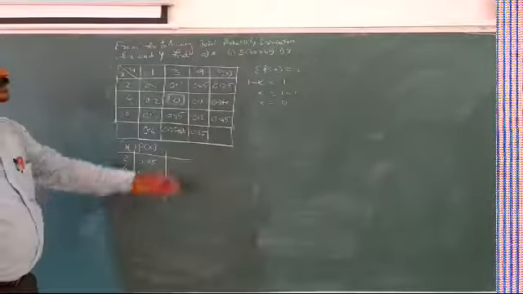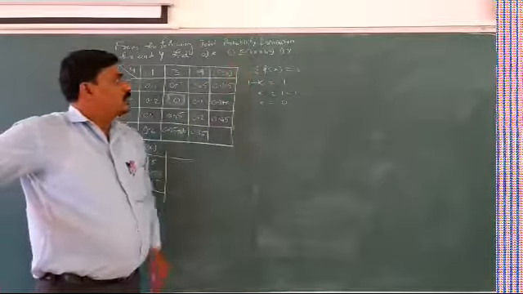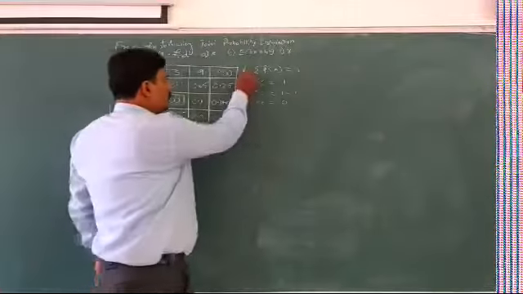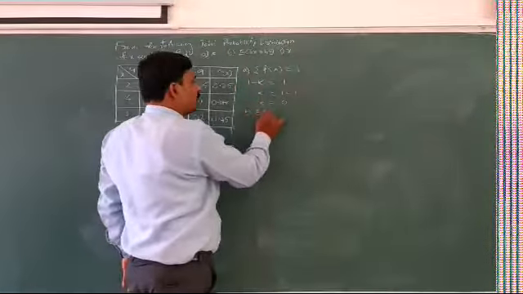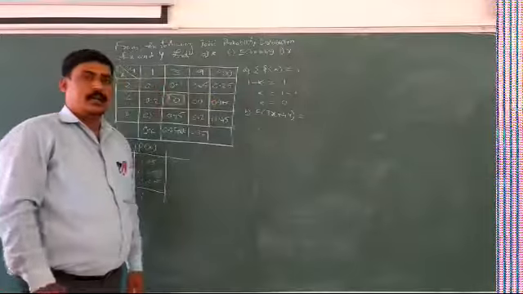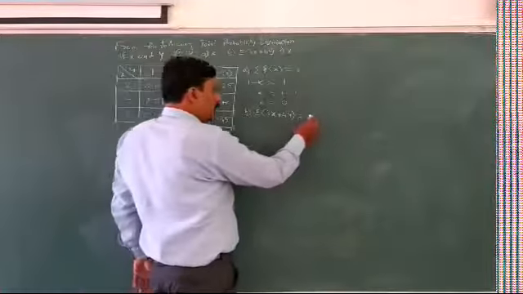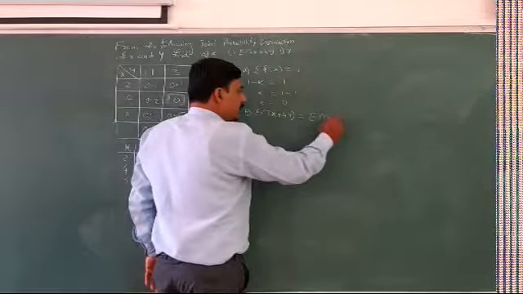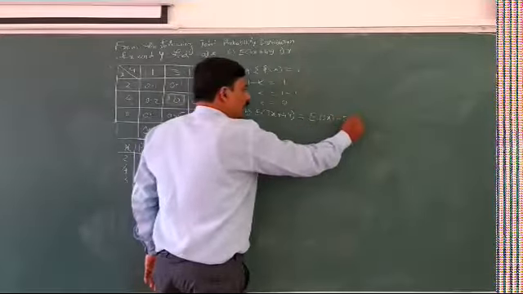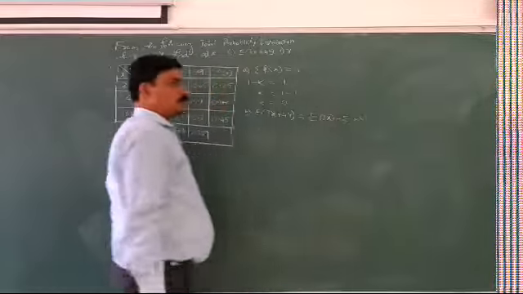Now next question, what are they asking? E of 3x plus 4y. So the second question is the expectation of 3x plus 4y. So we can solve it by simplifying the expression into E of 3x plus E of 4y.